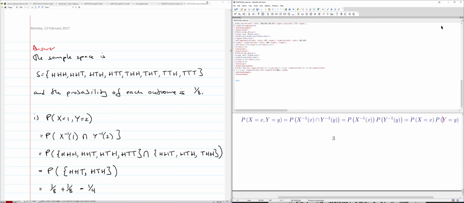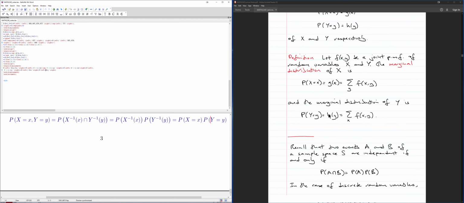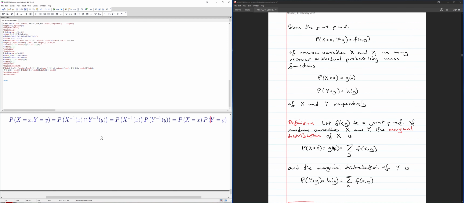Why I mention this is that your joint probability over here I can write as the intersection of events. Remember that independence means that the probability of an intersection of events is equal to the product of the probabilities of the events, which is this here.